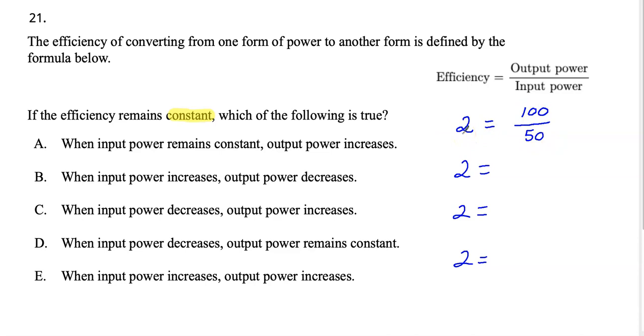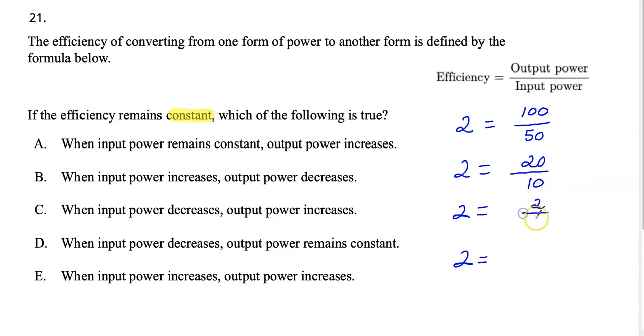Can you think of another ratio that gives us 2? Well, let's say our output power is 20. So I'll put the 20 on the top. On the bottom, I'll put the input power is 10. Does this ratio give us 2? Yes. And remember that it has to always be 2 because the efficiency is constant, and constant means it doesn't change. So come up with another ratio that's 2. It doesn't have to be the same as mine. It can be. How about 2 divided by 1?